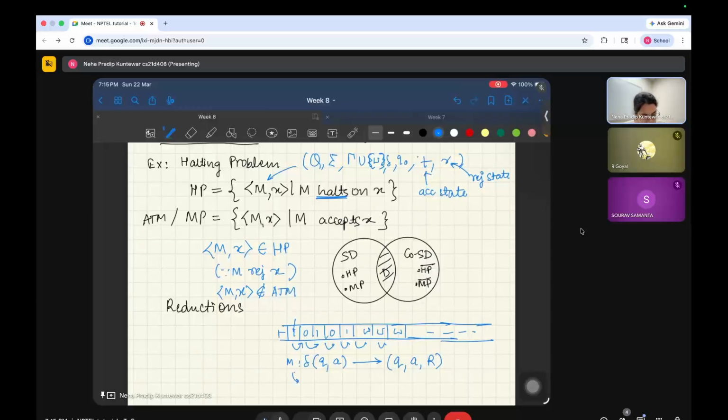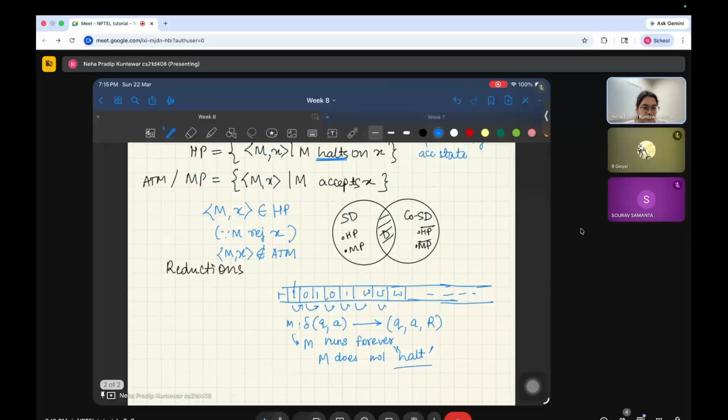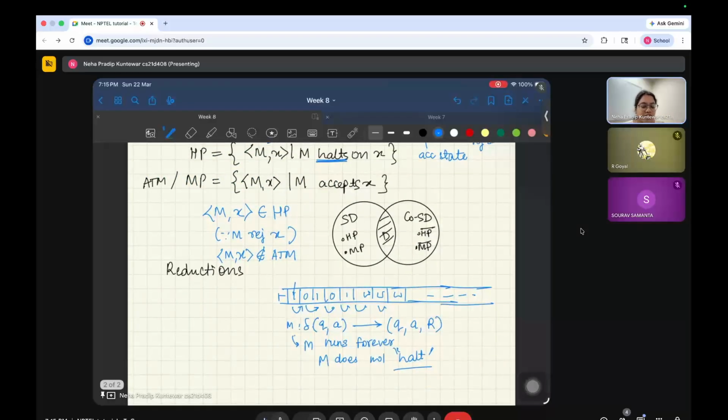So this M runs forever, or in other words, M does not halt. It doesn't accept or reject, it just keeps moving.